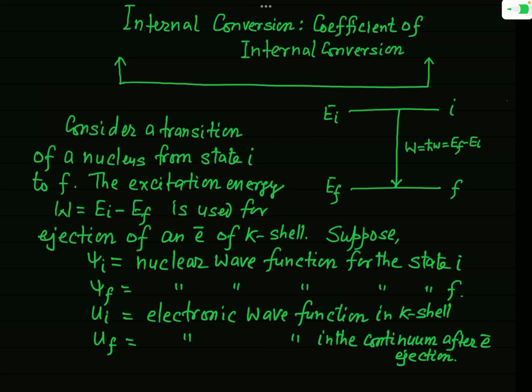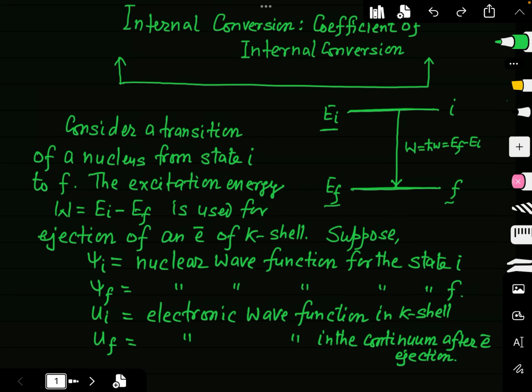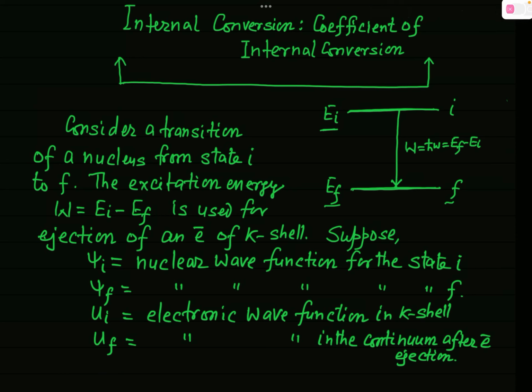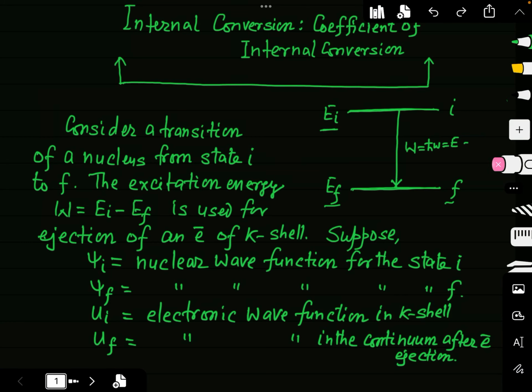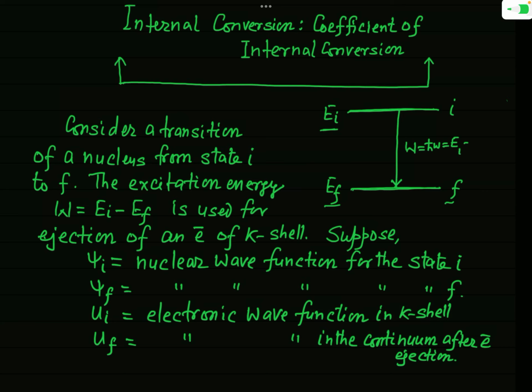Initially, the nucleus is in this I state with energy EI, and when the transition takes place from this higher energy state to a lower energy state, which I have denoted by F, with energy EF, the energy EI minus EF (sorry, EI minus EF, not EF minus EI) is emitted.